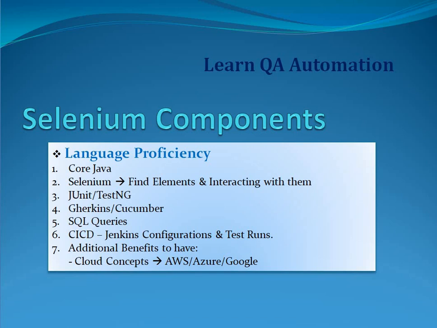You need to know the basic fundamentals of Java, the core Java. Java is basically object-oriented programming. You need to know polymorphism, how to overload, override, inheritance, abstraction, all that.